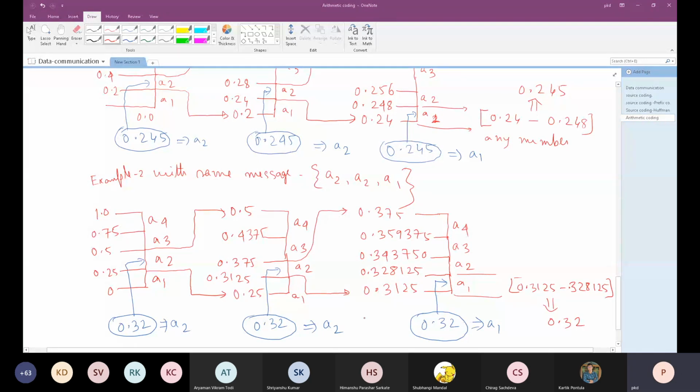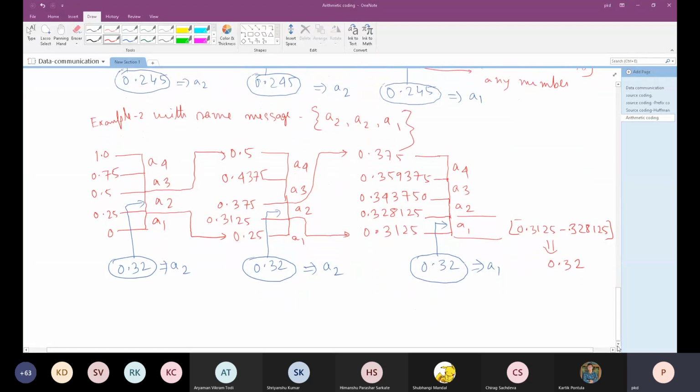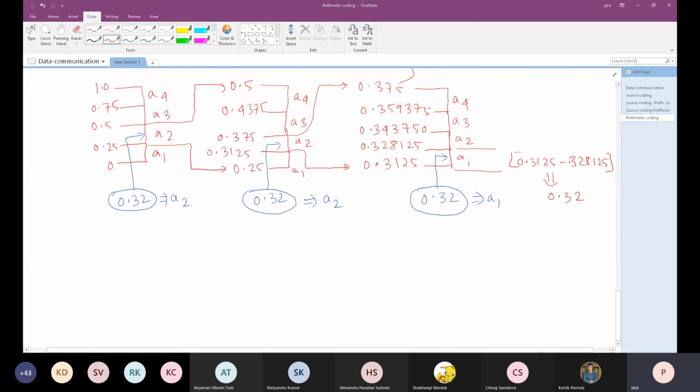So that is one of the disadvantages of arithmetic coding when we transport it through a binary system. If we have a ternary system instead of binary, then of course this problem would not occur.